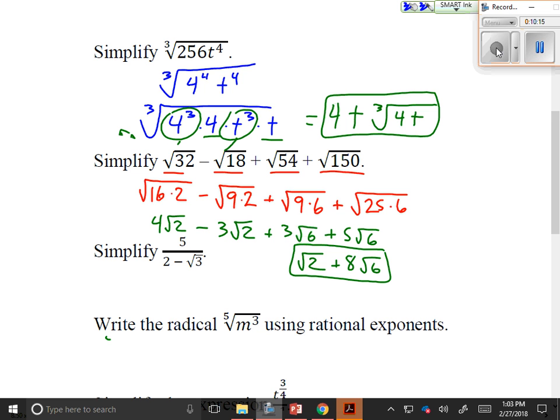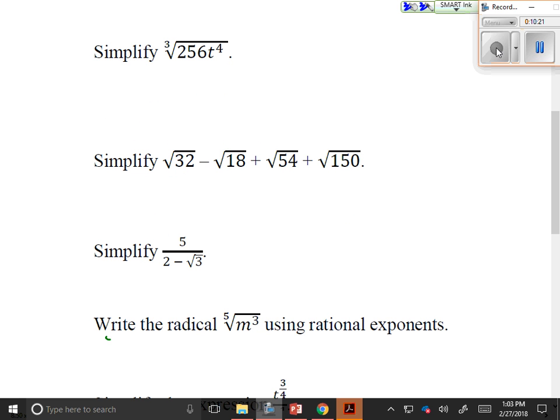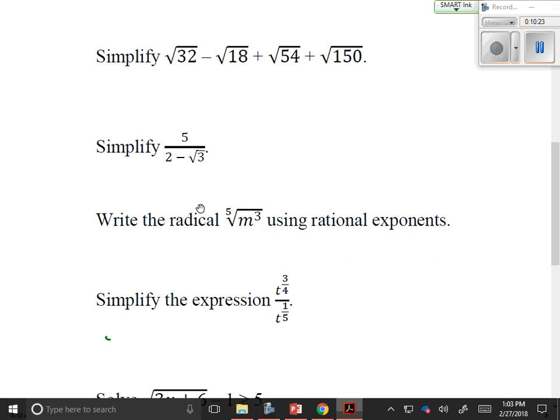The next one is one that we probably haven't done enough of. When you have a binomial in the denominator, and one of those terms is a radical, in order to get rid of that radical, you have to multiply by its conjugate, which looks just like it, except it has an addition sign in between.